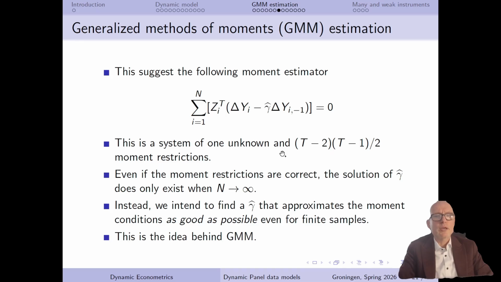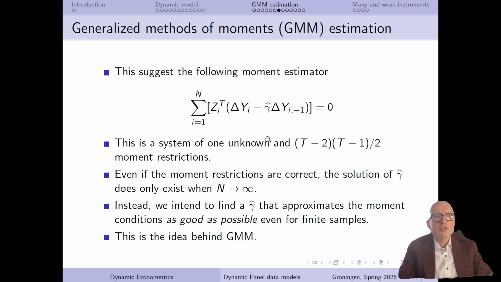So we should take into account that for any kind of T that we have over here, apart from, of course, the situation in which capital T is equal to 3, this will be strictly larger than 1. And take into account that we only have one particular unknown. The unknown that we have is gamma hat.